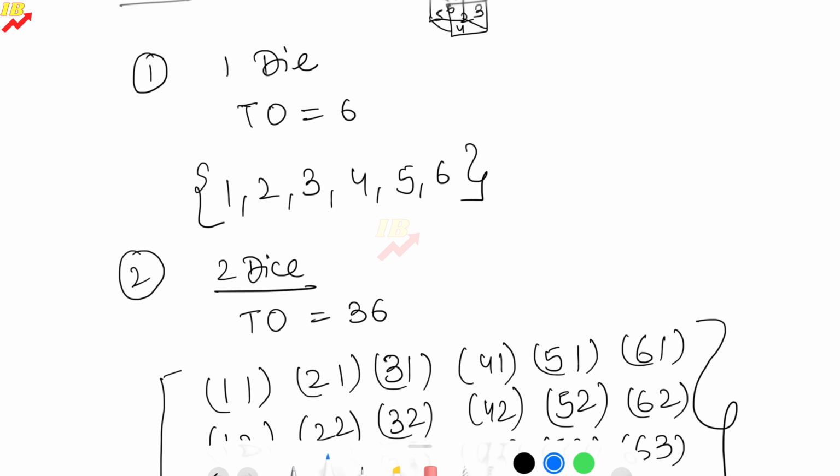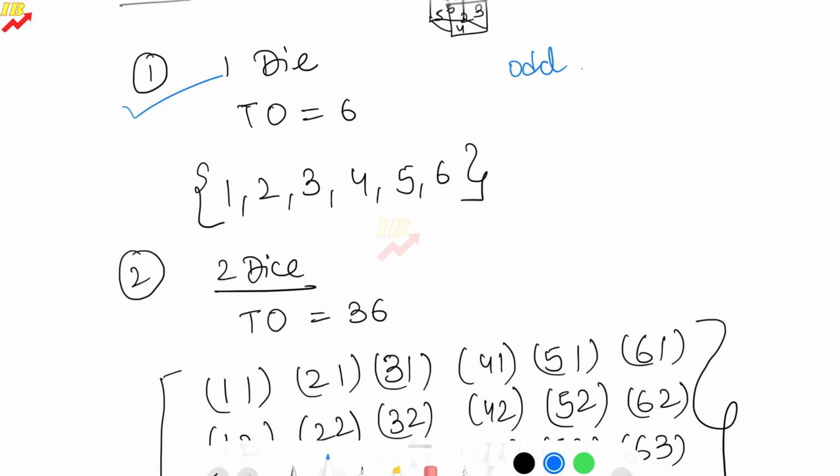Okay. Now let's come back to the 1 die case. What kind of questions arise in this? So if you are taking up this case, basically they can ask you, if we are throwing a die, what is the probability of getting an odd number? A very basic question, odd number.